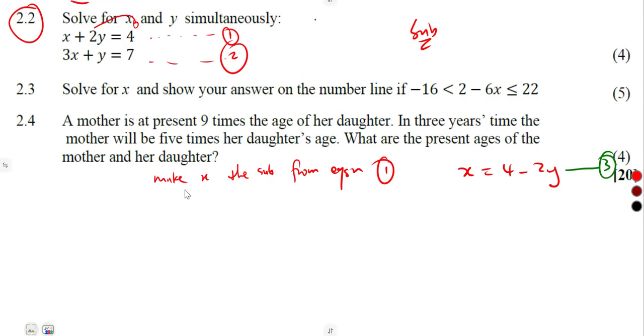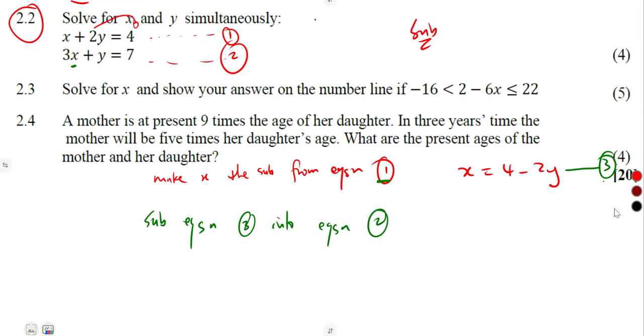Since I made x the subject from equation 1, I'm going to substitute equation 3 into equation 2. In place of x, we put this.